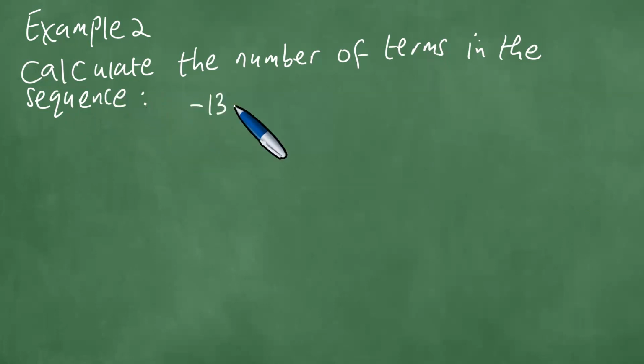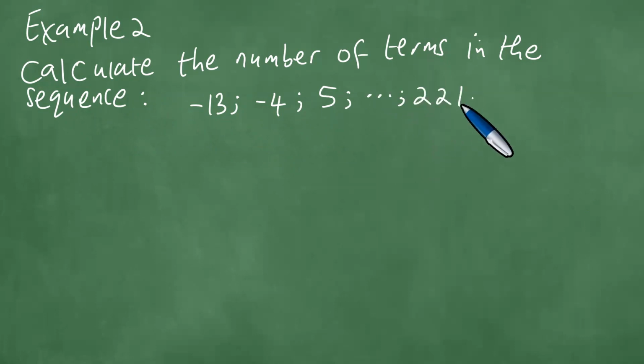Minus 13, minus 4, 5. Then we put 3 dots, we call ellipses. After the ellipses, we put 221. And then the solution right now.